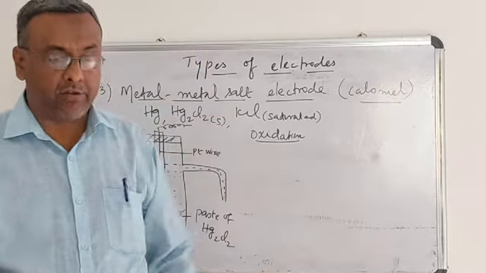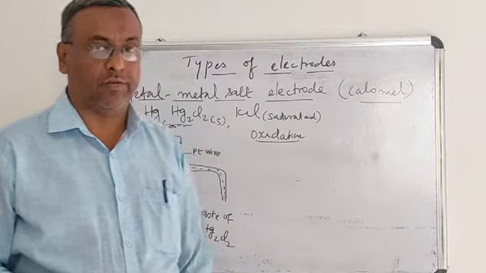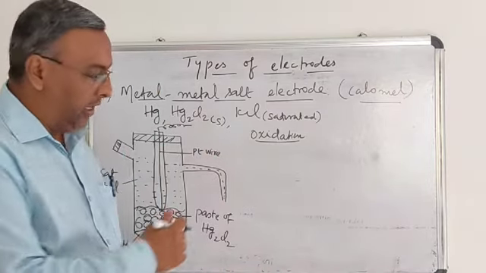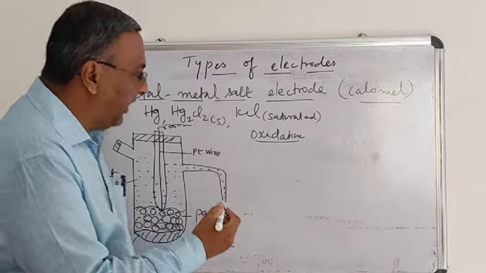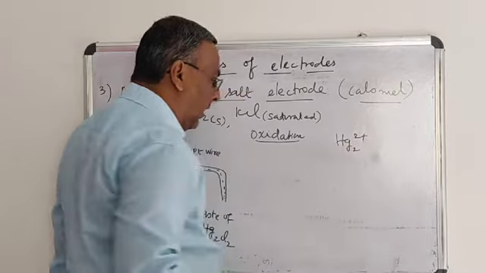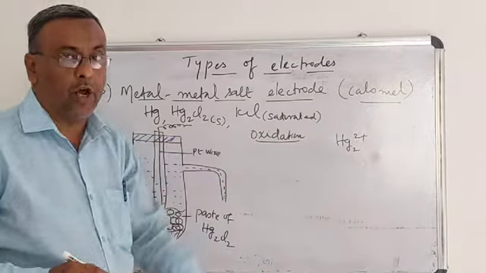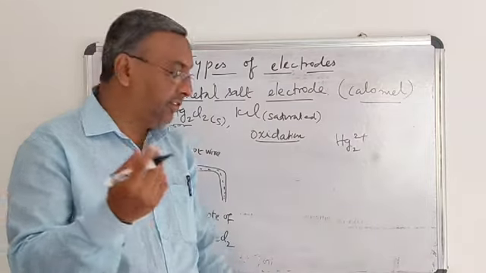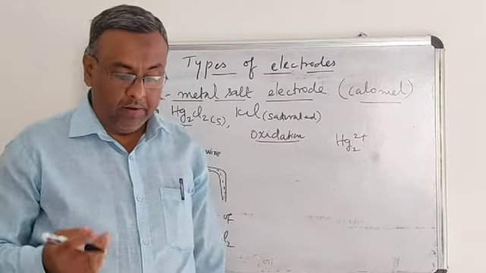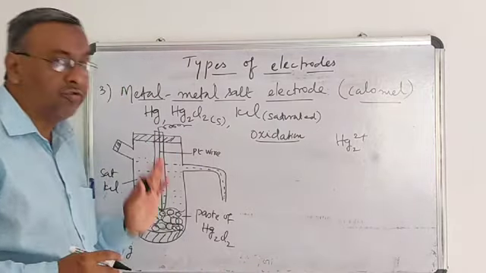It would liberate electrons and send Hg2 2+ ions from the mercurous chloride. And these Hg2 2+ ions combine with Cl minus ions of potassium chloride, forming the sparingly soluble salt Hg2Cl2.